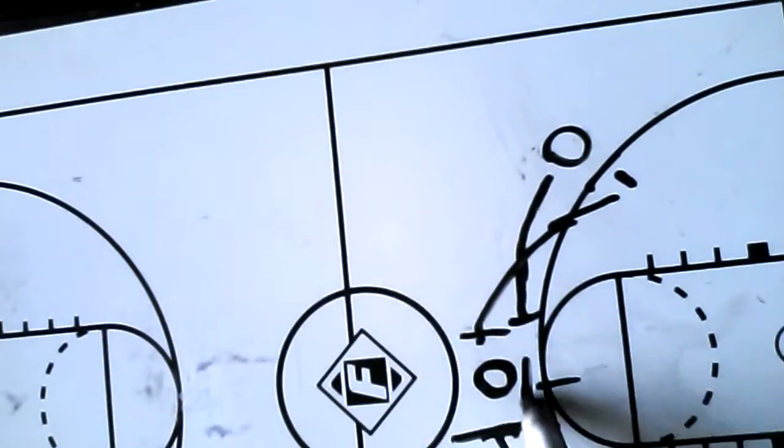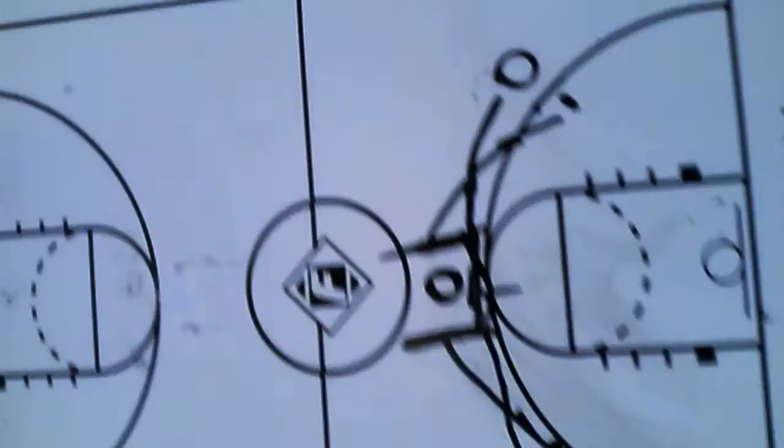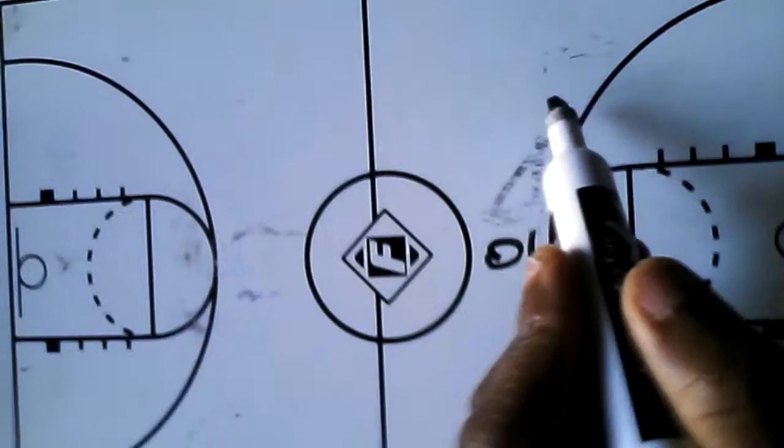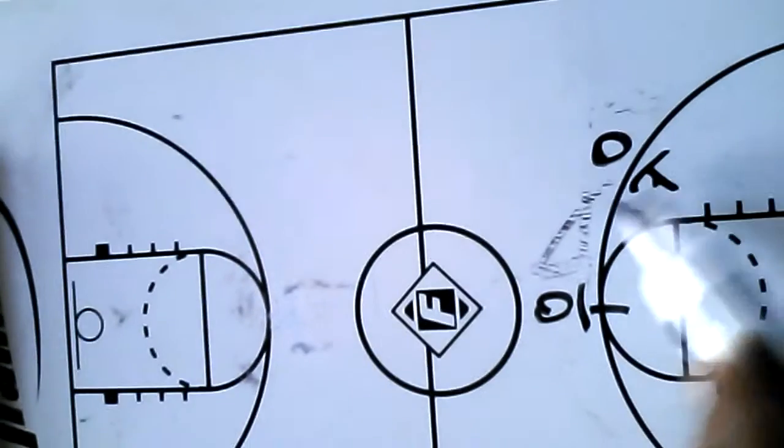This is gonna discourage people from calling screen and rolls. And it's not that it's not beatable, because it is beatable, but you gotta beat it unconventionally. Running a screen and roll, this is what you want to happen. This is what people, when they run games up there against every other team, this is what happens. This guy's lazy.